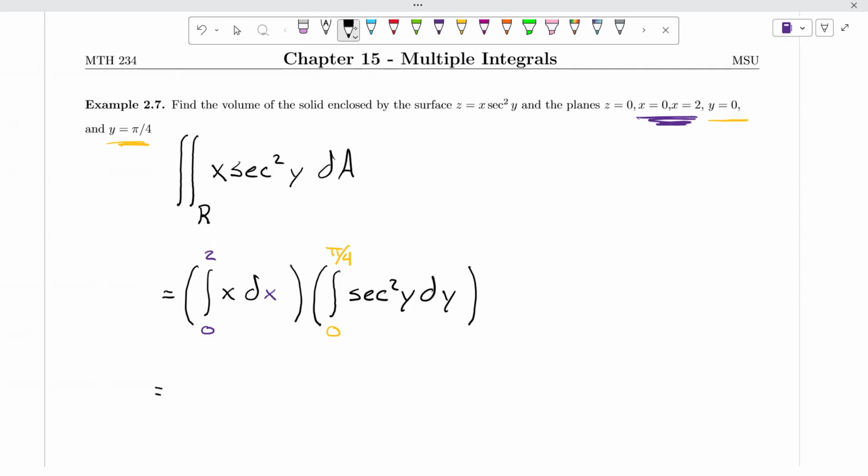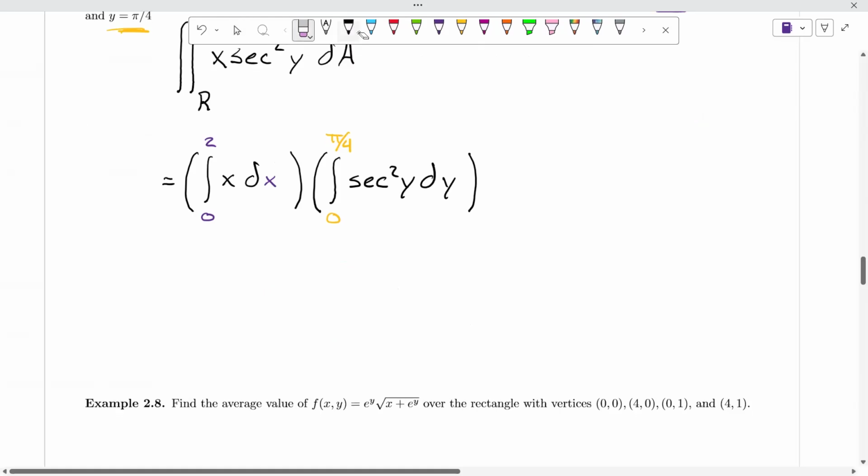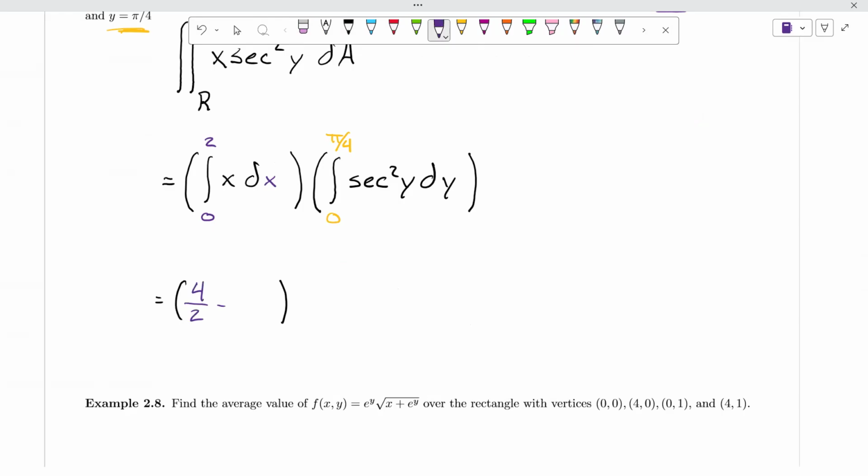But then I can evaluate these two things independently and go from there. So on the x side of things, this looks like 4 over 2 minus 0 over 2. And on the y side of things, the integral of secant squared is tangent.